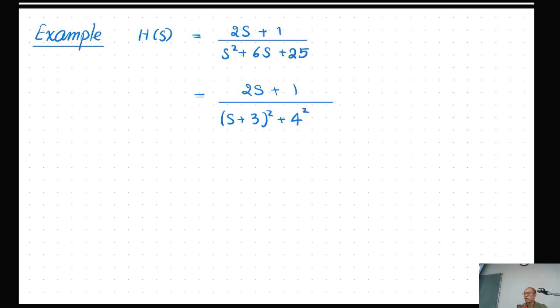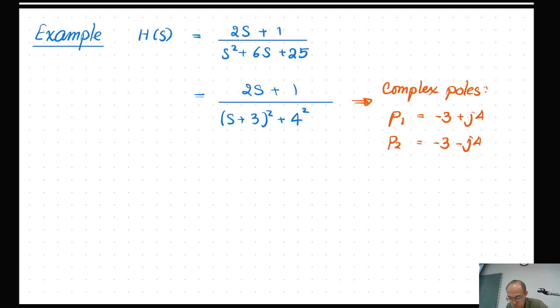You see they are complex poles. P1 is equal to minus 3 plus j4, and P2 is equal to minus 3 minus j4. Two complex conjugate poles.